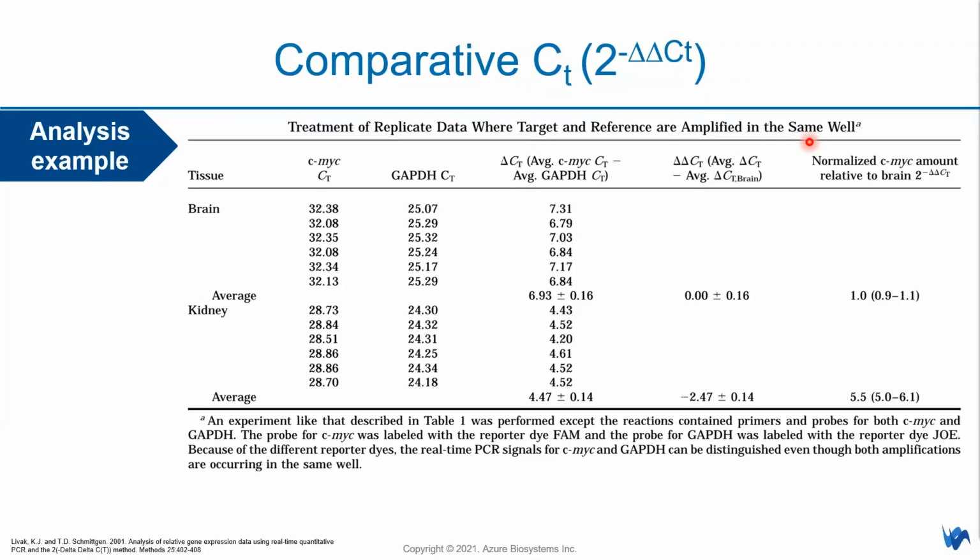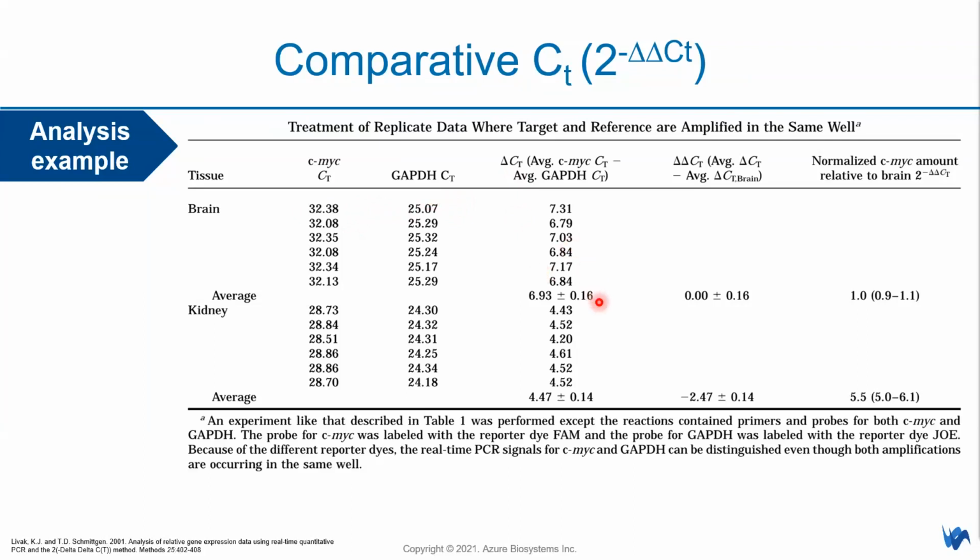You have your replicates over here. CMYC versus GAPDH. These are multiplex assays within the same well. You get the CT values. Then you calculate the delta CT: you take the CMYC CT minus the GAPDH CT, you get all these values, then you average them, and I'll also get the standard deviation.